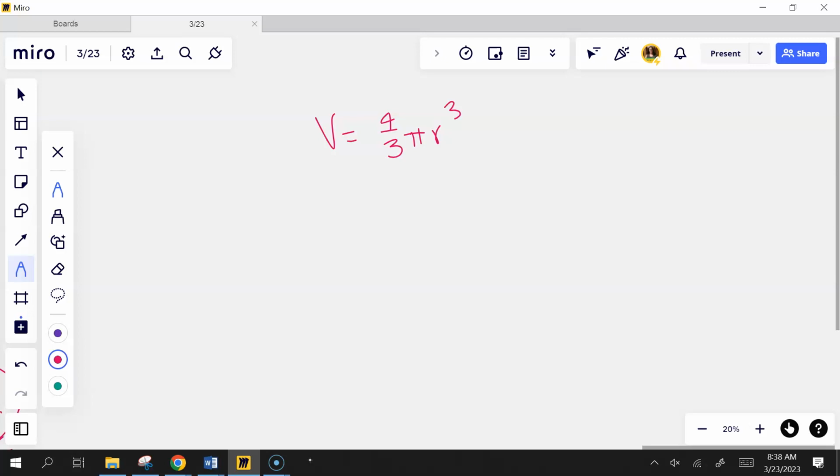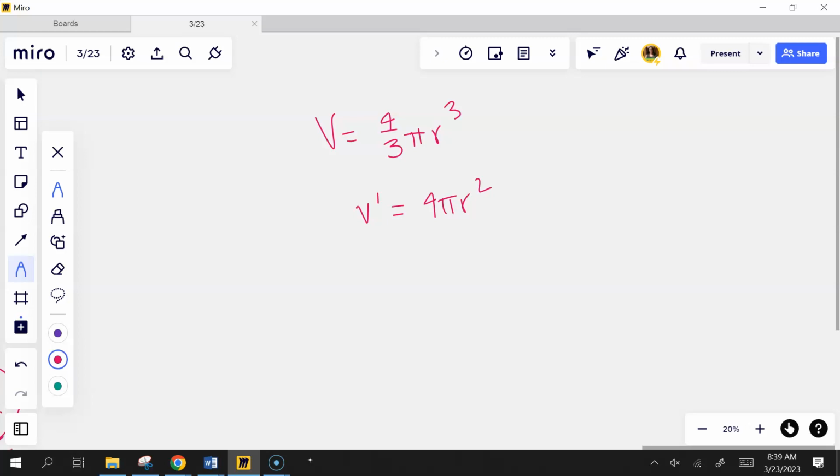Okay, let's see. Okay. If I multiply by 3, I get 4 pi r squared. Right?